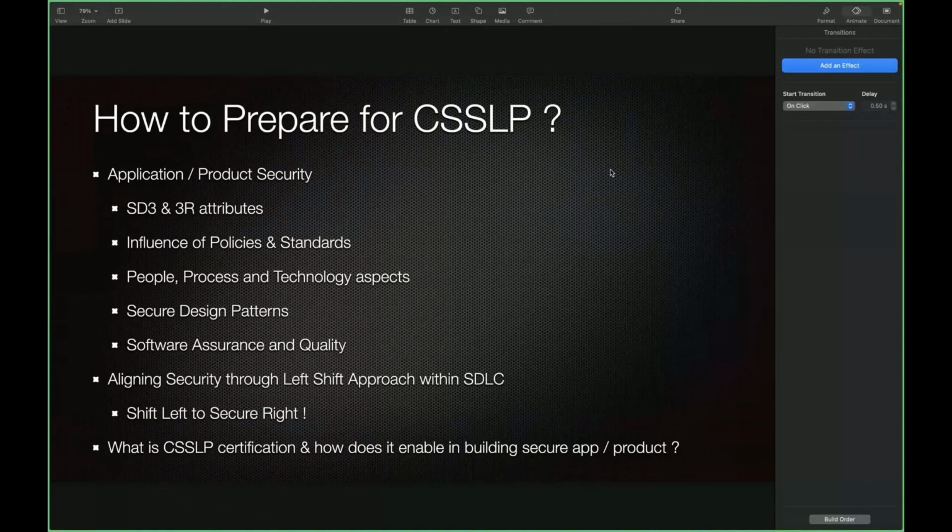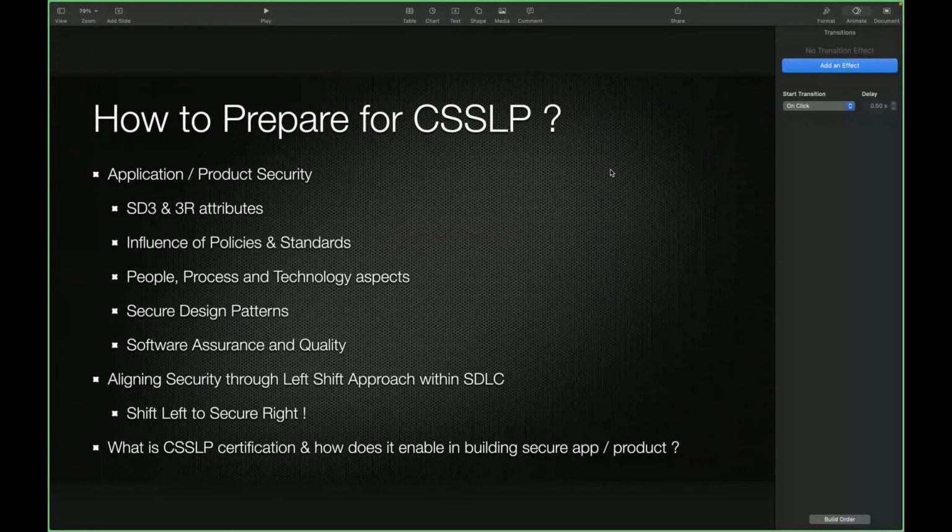And monitoring aspects, and then the processes with respect to monitoring, and the processes with respect to operations like incident management or event management and so on.